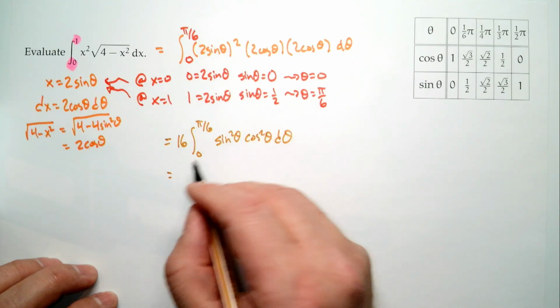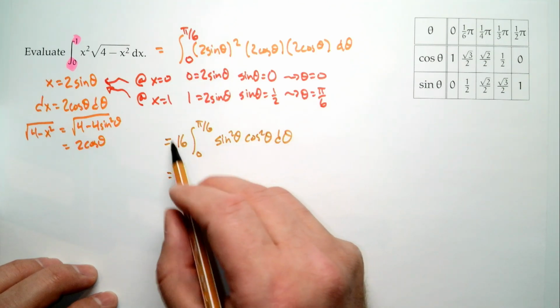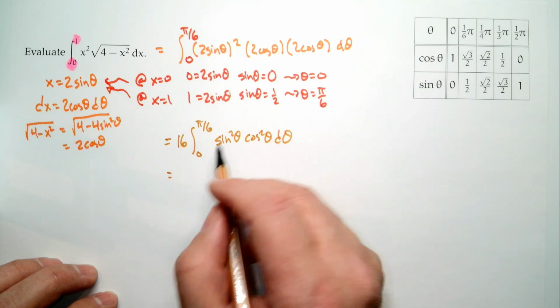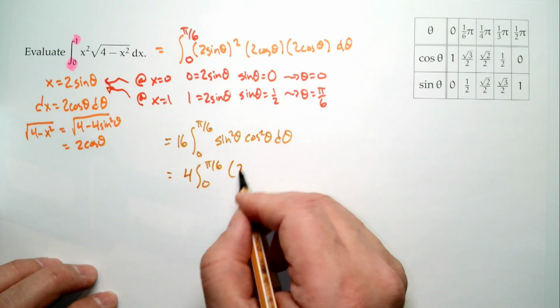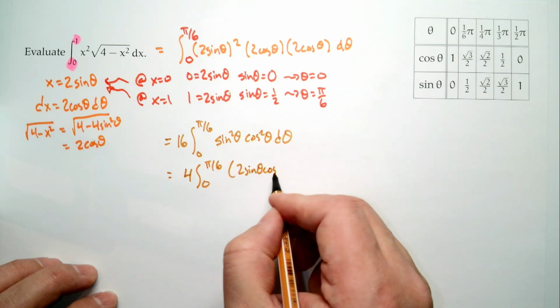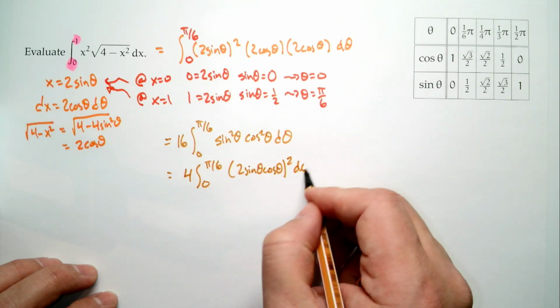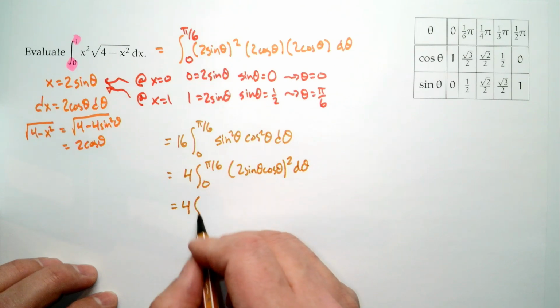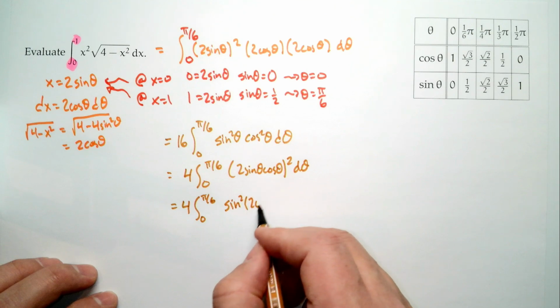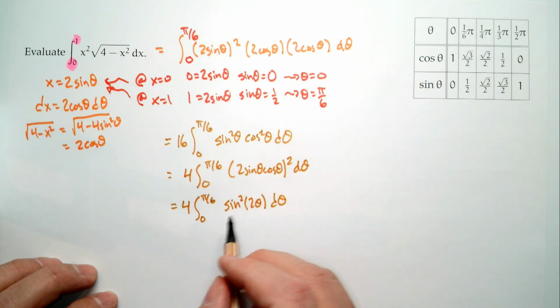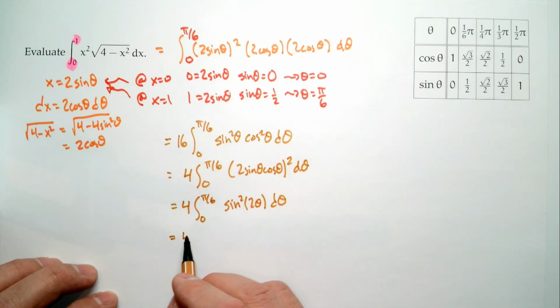One thing we can do is take the 16 and pull 4 off of that. So we have 4, integral from 0 to pi over 6, of 2 sine theta cosine theta squared d theta. That's 4, integral from 0 to pi over 6, of sine squared 2 theta. From here, more power reduction.